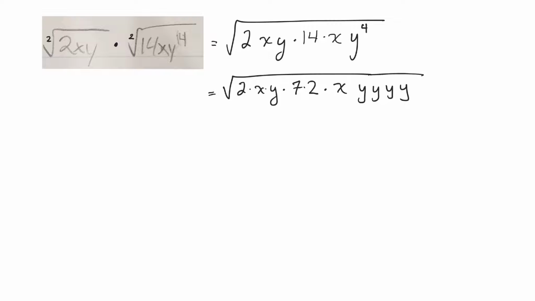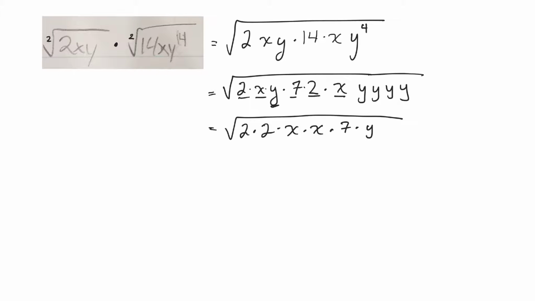So I guess if you wanted to rewrite this, you could rewrite it like this. 2 times, there's another 2, and then times x, and there's another x, times there's just 1, 7, and then there's 4 y's. Oh no, there's another y there. So there's 5 altogether.